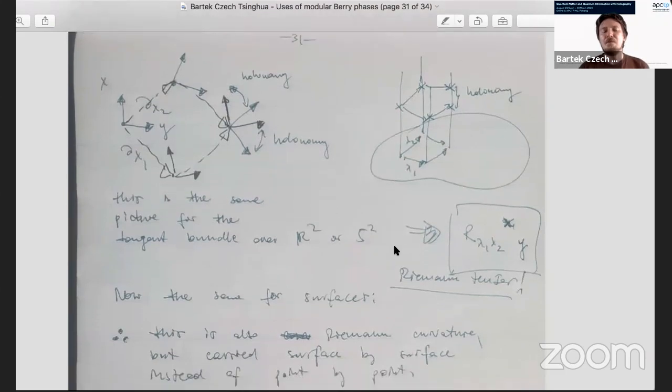So if I work in 1+1 bulk dimensions, in AdS2, and I use this formalism, then I would literally be talking about the Riemann tensor when I talk about the curvature of the Berry connection. In higher dimensions, it is not literally the same, because I'm transporting whole surfaces, whereas the Riemann tensor is still about transporting things point by point.